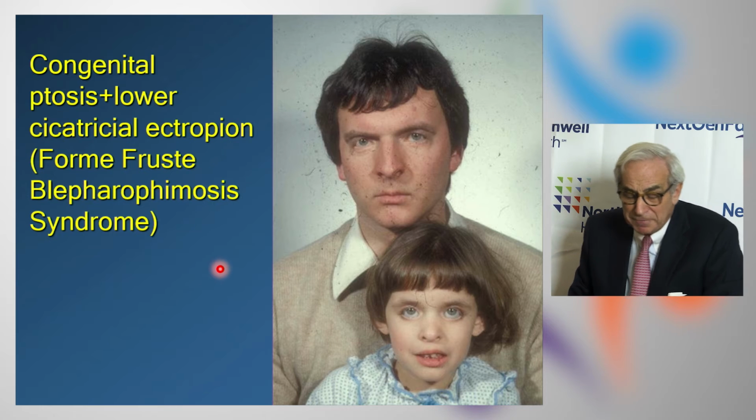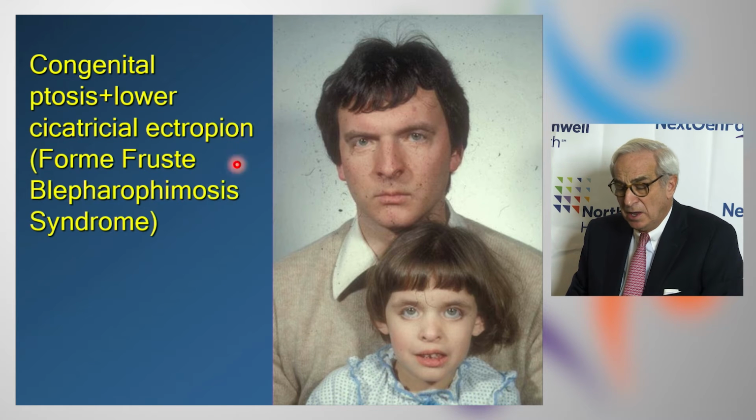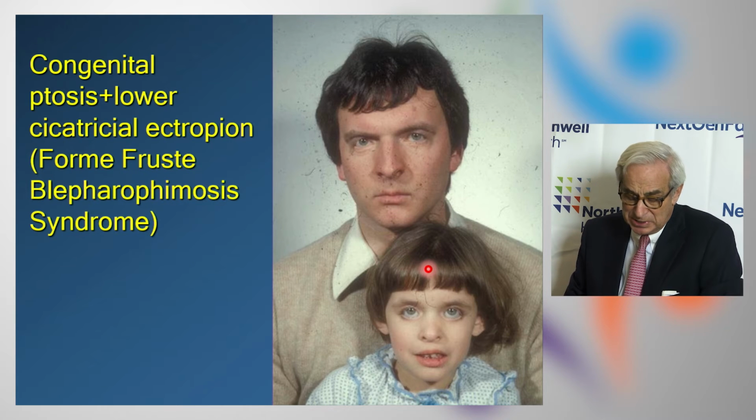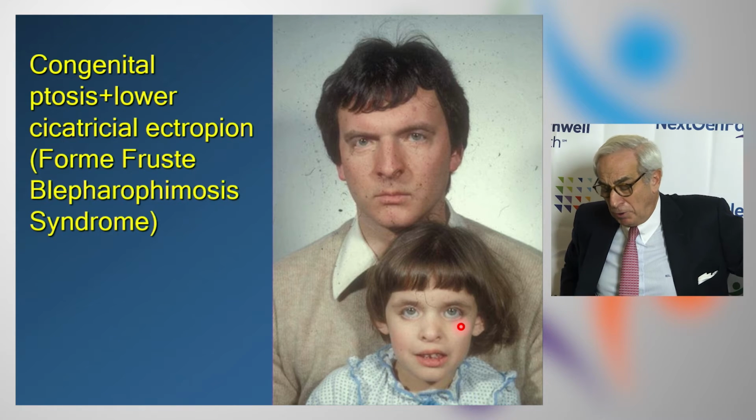Now, blepharophimosis syndrome is a very common overlap with our plastic surgical colleagues. This is a father who had his blepharophimosis syndrome operated upon, and this is his youngster. It can be ptosis, drooping of the upper eyelids, phimosis, which is a shortened palpebral aperture, and lid retraction or ectropion.